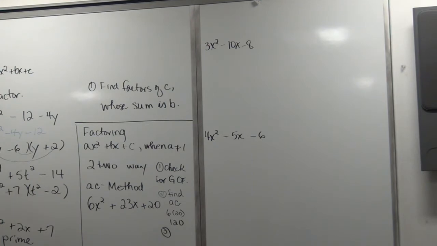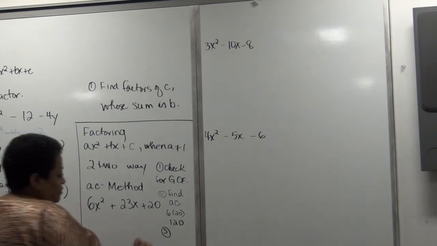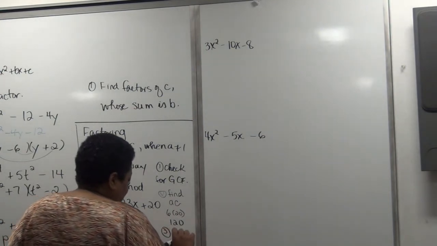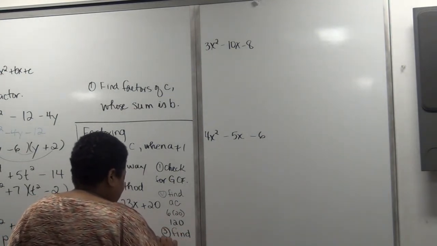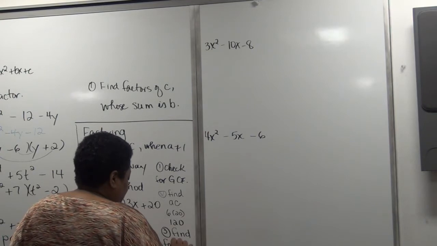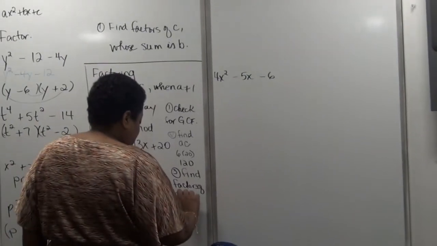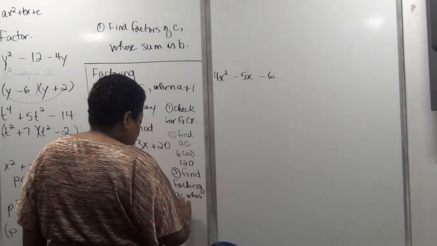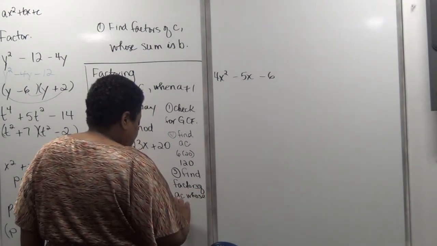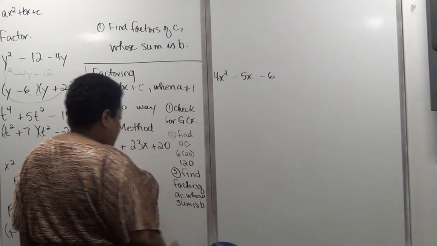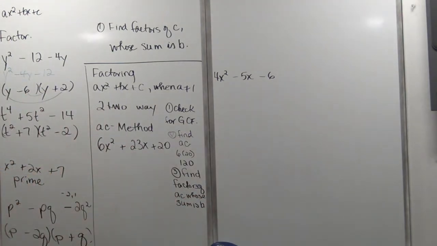Now, after you find AC, we want to find factors of AC whose sum is B. In this case, B is 23.